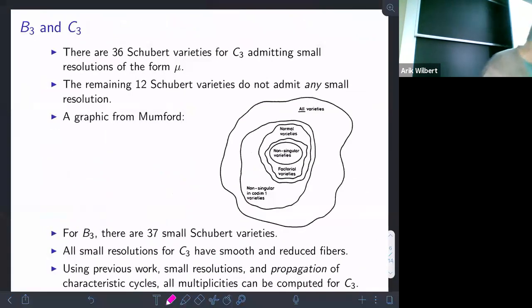Okay. So here's an example that I went through and found interesting, so I wanted to share it. For B3 and C3, so now I'm picking Lie groups and Schubert varieties.